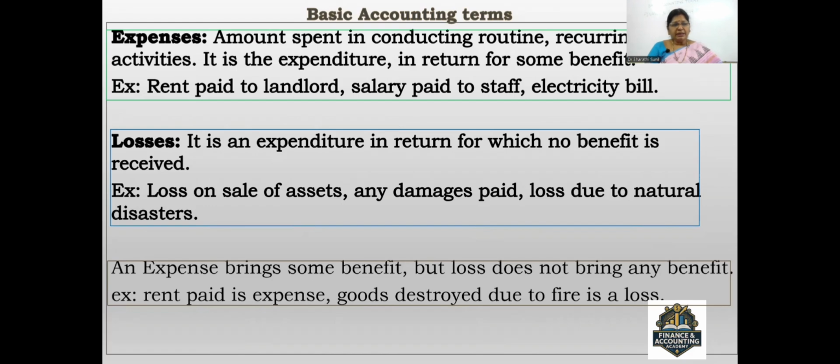So all these losses, whatever our company is facing, these amounts are also called expenditure, but for which we have not received any benefit. Is it clear? So an expense brings some benefit, but loss does not bring any benefit, right? What expenses have we discussed here? Rent paid. What losses have we discussed here? Goods that are destroyed due to fire.